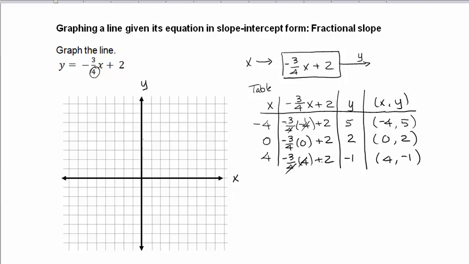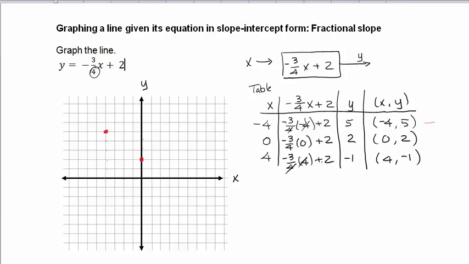Alright, let's start plotting them. My first point is -4, 5. So I'm going to go -4 on the x-axis, 1, 2, 3, 4, and then +5 on the y-axis, 1, 2, 3, 4, 5. Then I'm going to plot my second point, which is 0, 2. I don't go anywhere on the x-axis, but I go up 2.